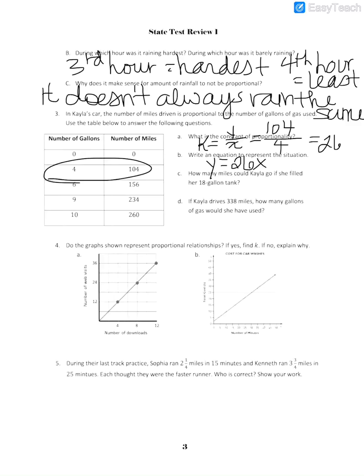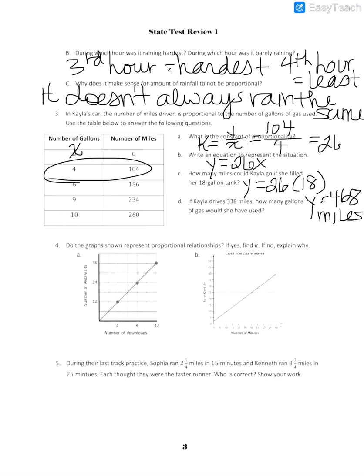C, how many miles could Kayla go if she filled her 18-gallon tank? Okay, so on this part, we want to remember that gallons is our x. So I'm going to plug in the 18 for the x. So that's 468 miles.